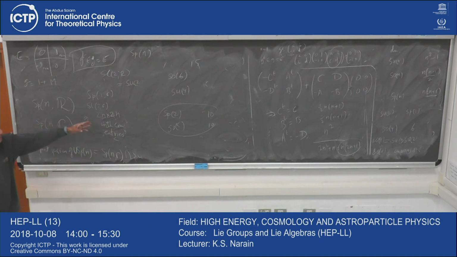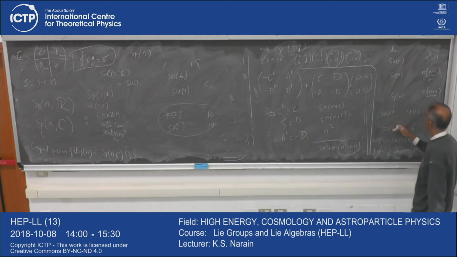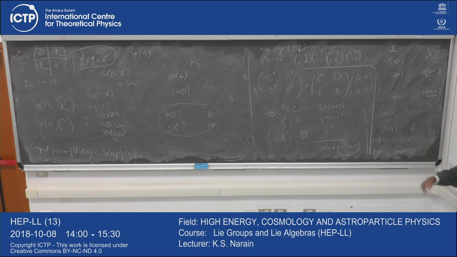Generally this happens for some very special small values of n. But the moment n becomes large, SUN, SON, SPN are not isomorphic, even if the dimensions match. For example, you can see the coincidence here that SO2n plus 1 always has the dimension of SPN.